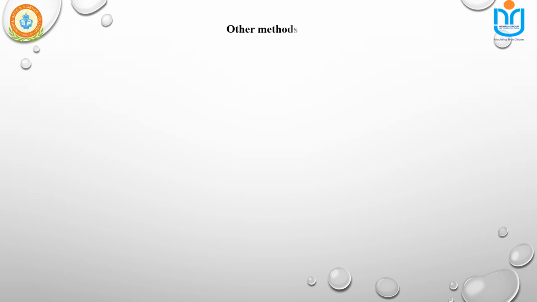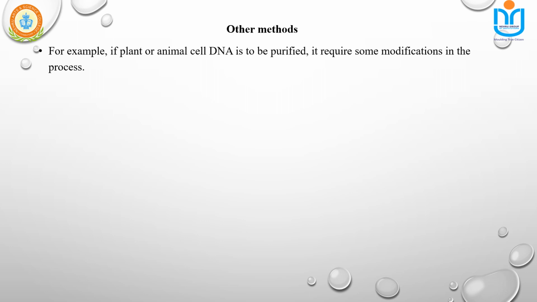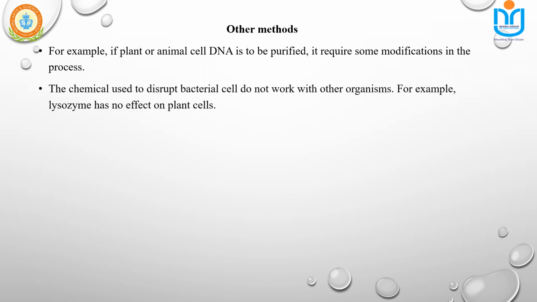Other methods. For example, if plant or animal cell DNA is to be purified, it requires some modifications in the process. The chemicals used to disrupt a bacterial cell do not work with other organisms. For example, lysozyme has no effect on plant cells. The biochemical content of the cells varies.